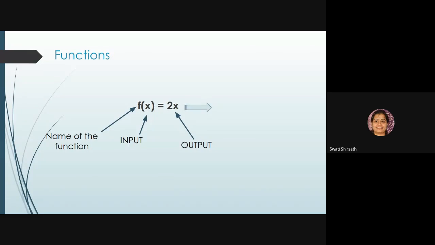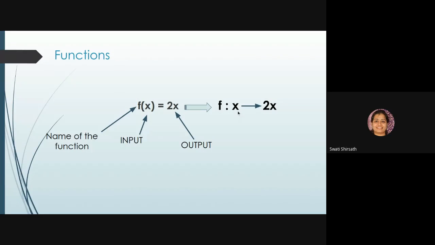After that, we have another type of mapping for this function. It can be written in this way also: f colon x into 2x, okay? Instead of x and 2x, the sets can be given, capital N into capital N, okay? How will you read this?